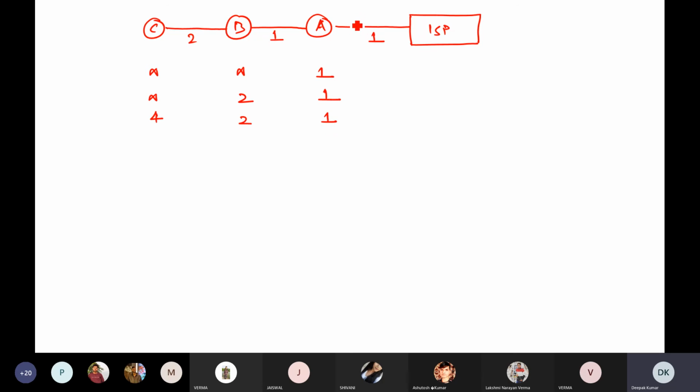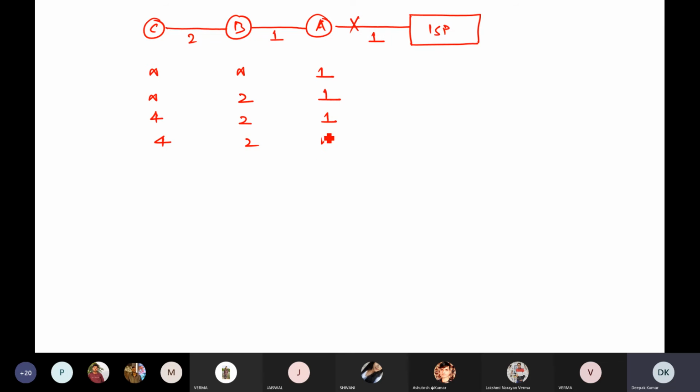But at some instant, if there is a breakage in this line, A will update its information as infinite, and there is no information about this line breakage of ISP at C and at B. So they will keep it as it is, 2 and 4. Now at this point the problem starts. What is the problem?